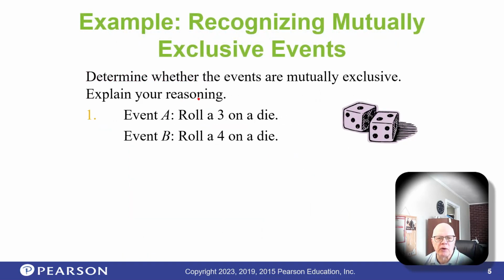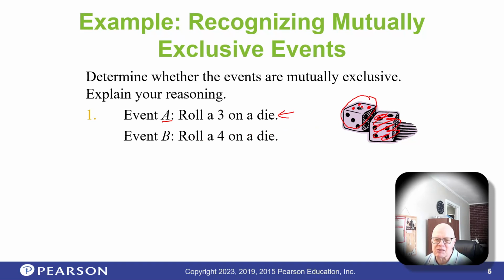We've got two events. Event A is you're rolling one die. I guess I've got a bad picture there, but you can ignore the second one. We'll just scratch that out. We're rolling one die. Event A says you roll a 3. So you'd have something like that on the top instead of on the side. Event B is rolling a 4 on a die. That means you'd have a 4 on the top.